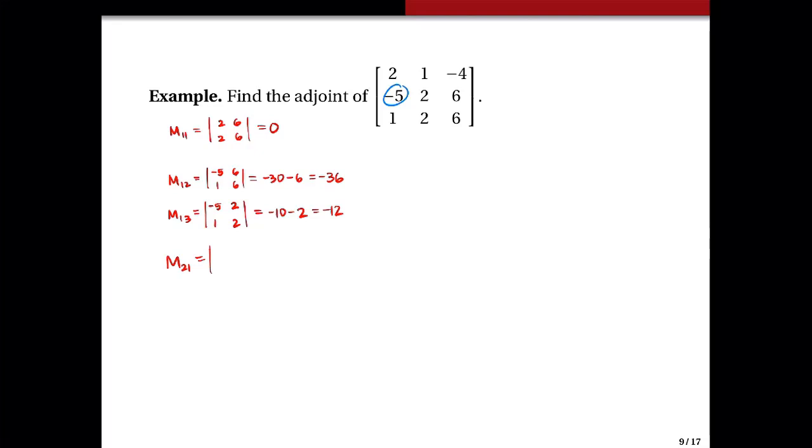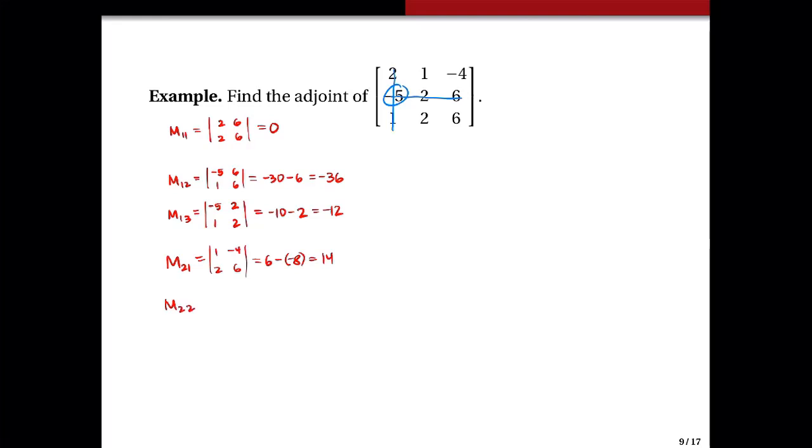We delete this part here and this part here, and we'll have 1, negative 4, 2, 6. This is equal to 6 minus negative 8, so this is 14.